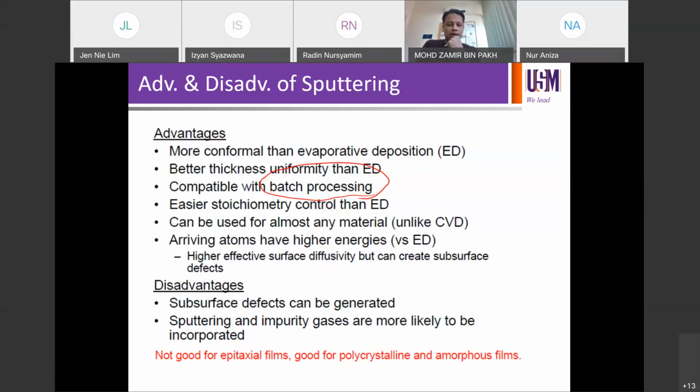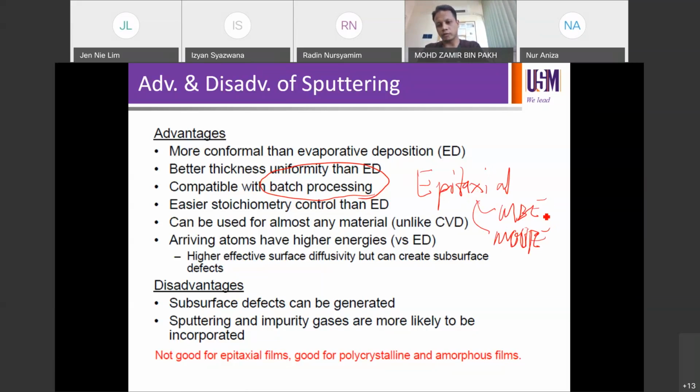Sputtering and impurity gases are more likely to be incorporated if the energy is too high. Not good for epi films, good for polycrystalline and amorphous film. If you want to talk about epitaxial deposition, where you deposit layer by layer, you have to go for a more sophisticated deposition system. For example, MBE, molecular beam epitaxy, or MOVPE, metal organic vapor phase epitaxy.